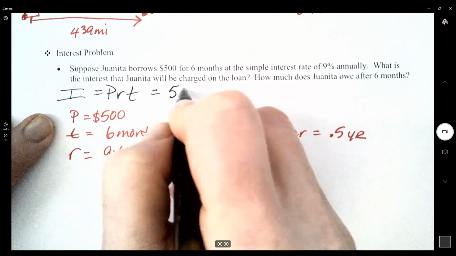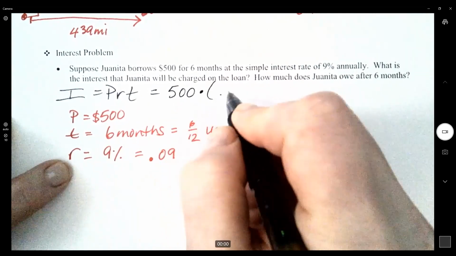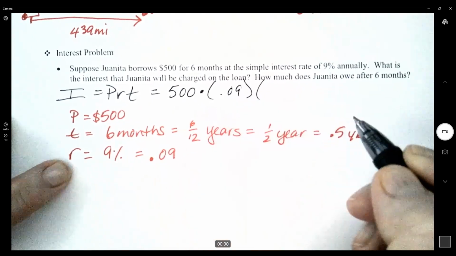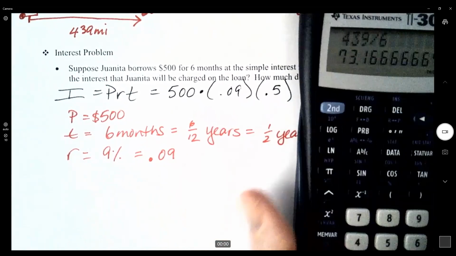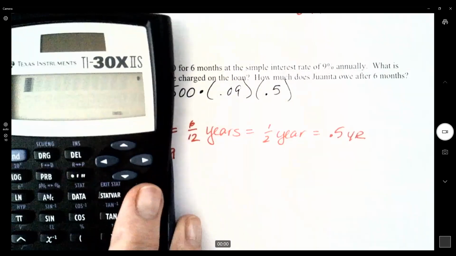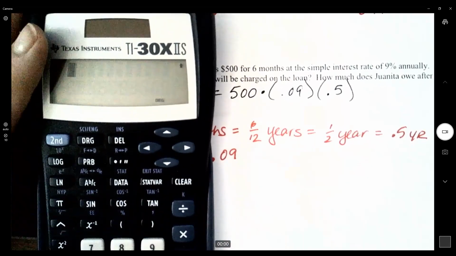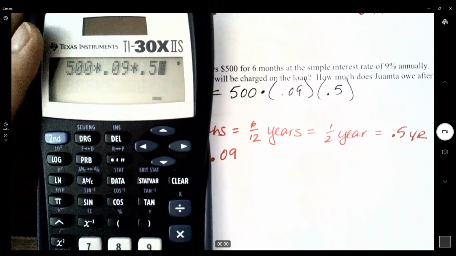P is 500. R is 0.09. And T is 0.5 years. So when I plug all of that into my calculator, I have 500 times 0.09 times 0.5.